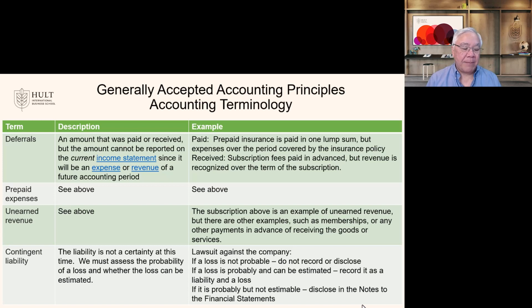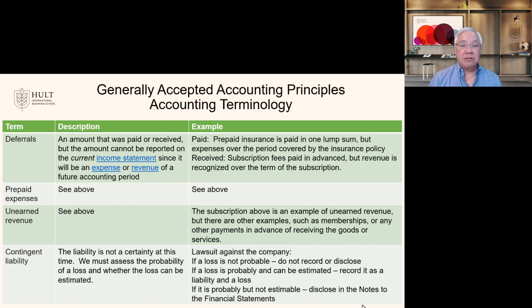The next topic is contingent liability. Contingent liability means it's not certain yet. It's really dependent upon something in the future, hence the word contingency, right? Contingent upon a future event. Now here, the accounting rule is we have to assess the probability of a loss and that we can estimate the loss.